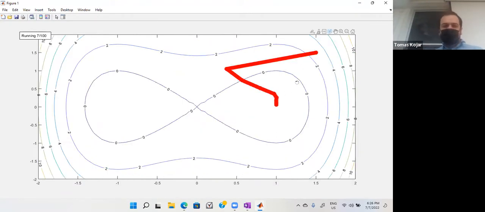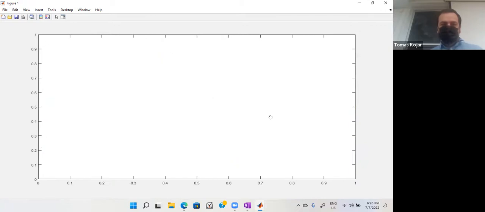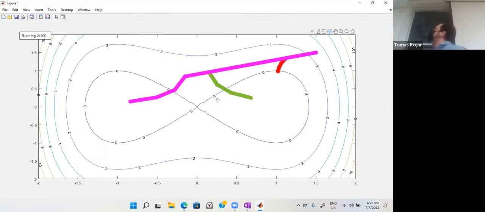Here I picked different alpha, and you see the red one is the slowest, and the purple one was the fastest. The red one still hasn't converged yet.